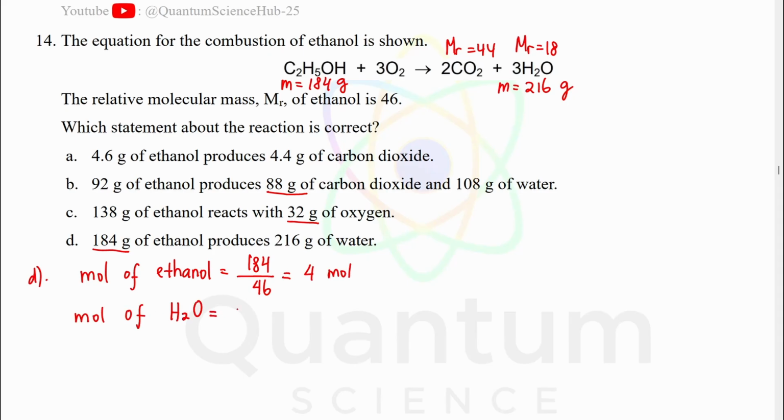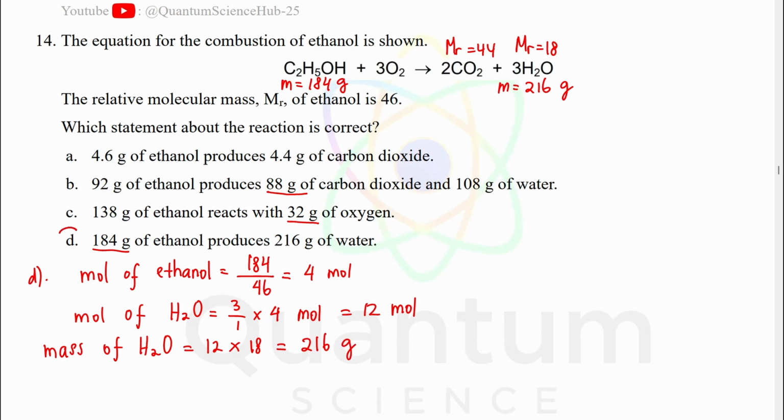The ratio here is 3 over 1 times 4 mole, which equals 12 mole. And finally, we find the mass of H2O. Mass equals mole times Mr, so 12 times the Mr of water, which is 18, equals 216 gram. And it matched with option D. So the correct answer here is D.